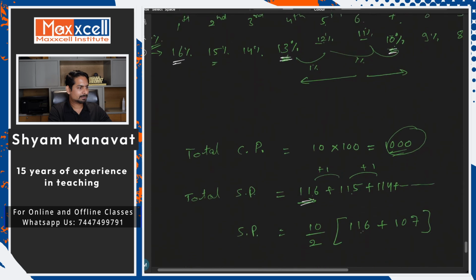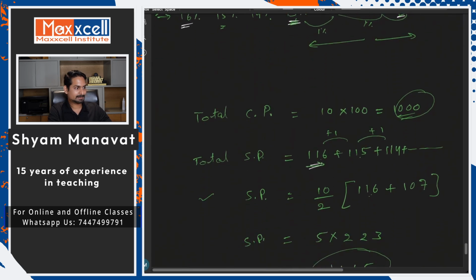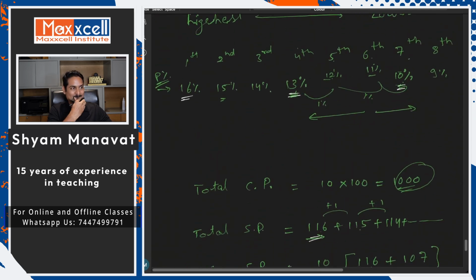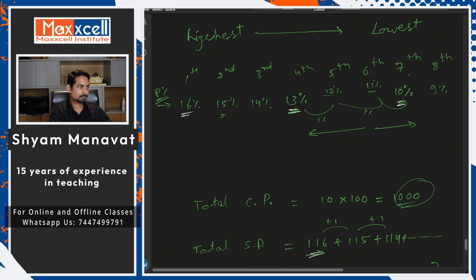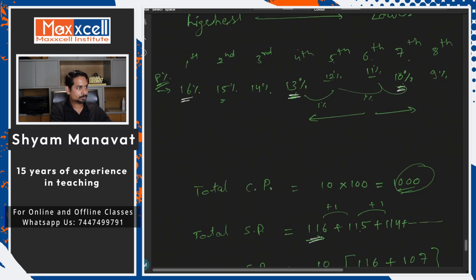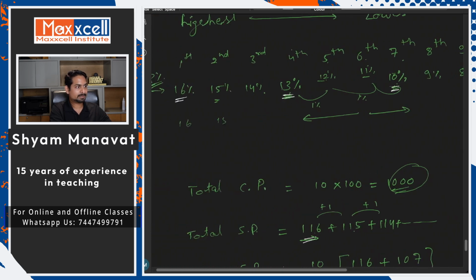Before we go ahead, can we check that if I don't calculate the total selling price, and only calculate the total profit, because every item has a cost of 100 rupees. On the first item profit will be 16 and on the last item profit will be 7. Here it will be 15 and so on.